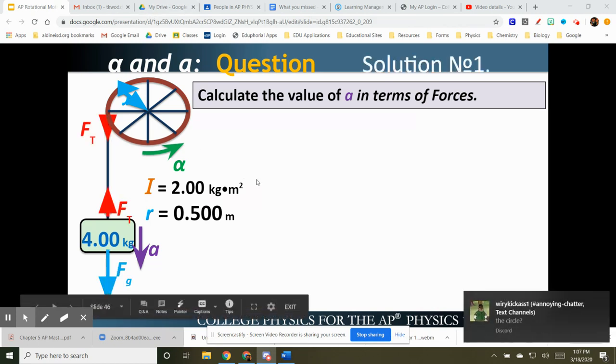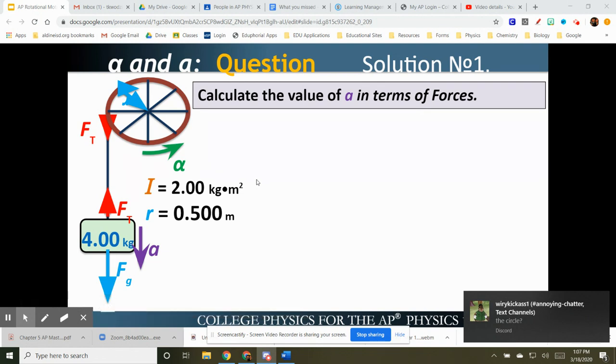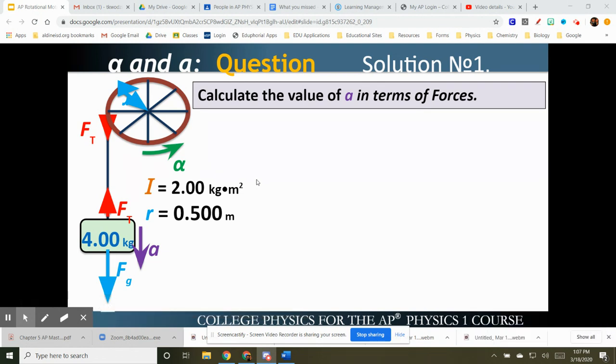Let me put some animations on the slide. Closer, Gabe. The force of gravity on the mass. Okay. Almost.